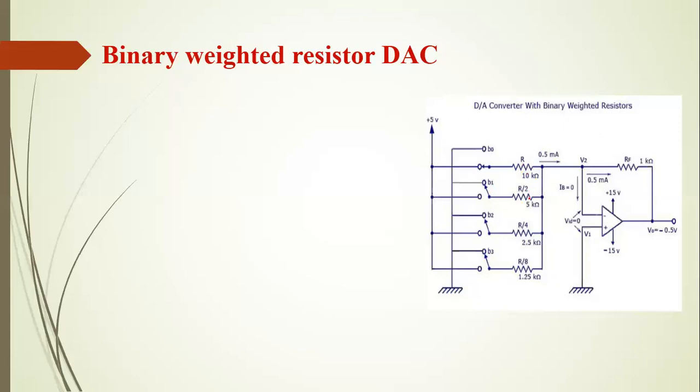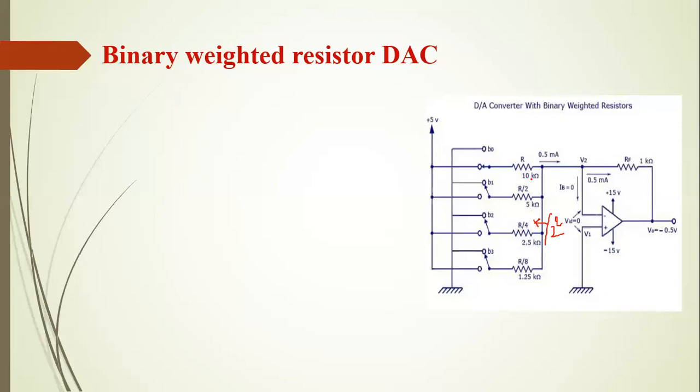Here the resistance value is getting divided every time. Since here it will be R by 1, and here you will be having R by 2 power 1, that is R by 2. The resistance we have considered is 10 kilo ohms, and R by 2 will give 5 kilo ohms. R by 4 is R divided by 2 power 2, and 2 power 2 implies 4.